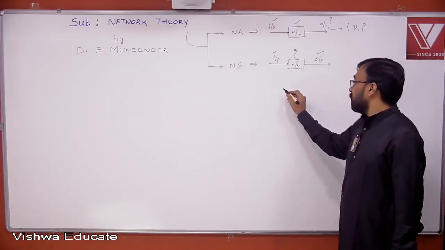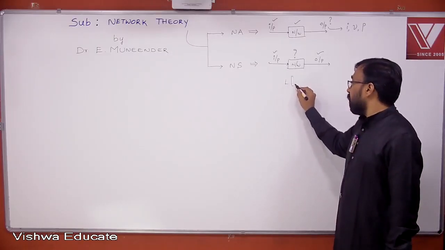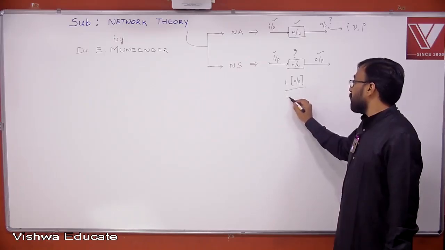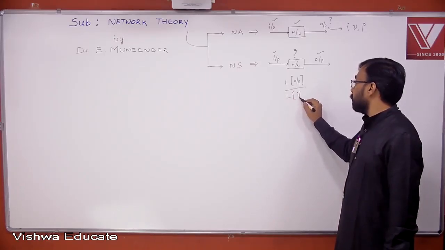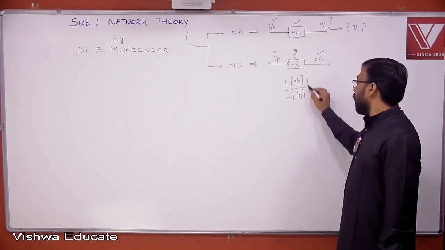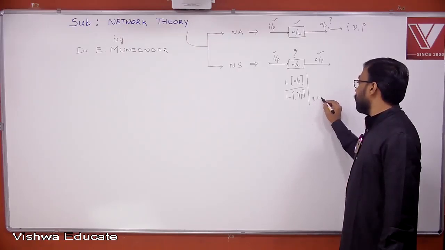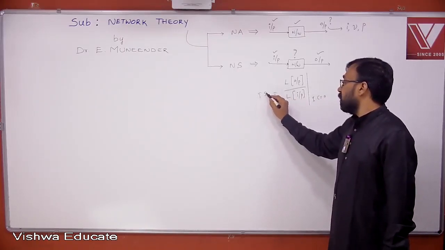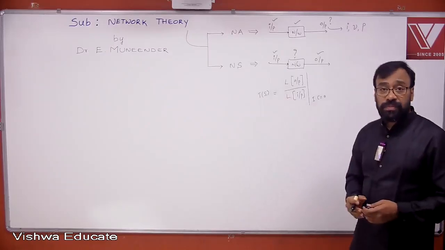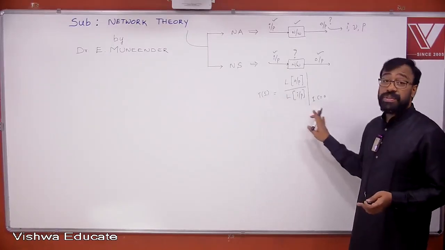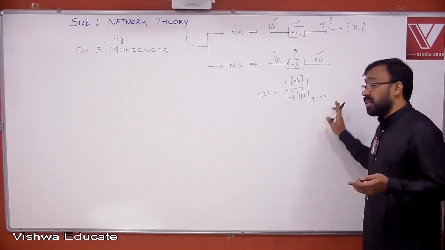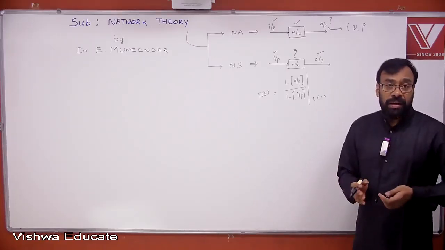You already know that the Laplace transformation of output by the Laplace transformation of input, with all initial conditions set to 0, is defined as a transfer function. A transfer function is always defined with initial conditions 0; without zero initial conditions, it is meaningless to define a transfer function.